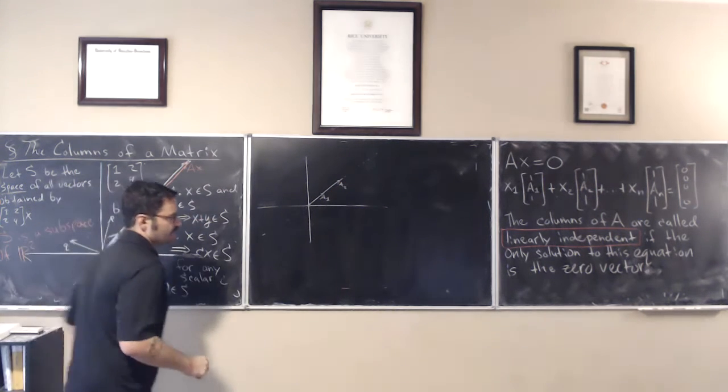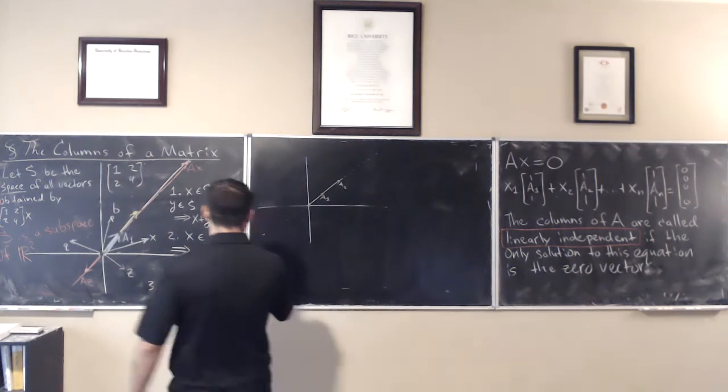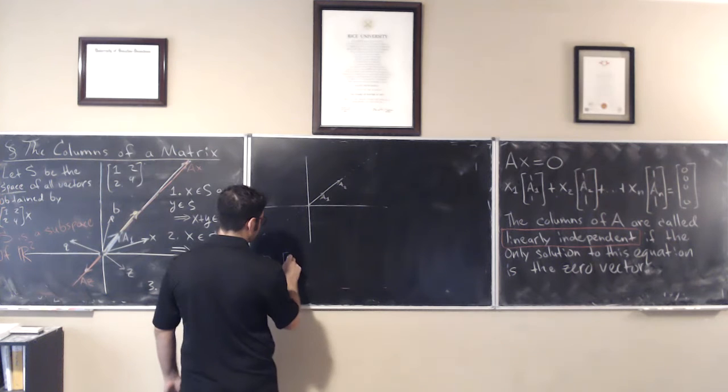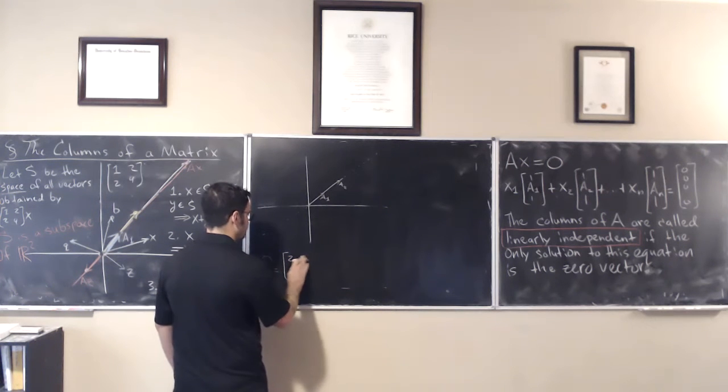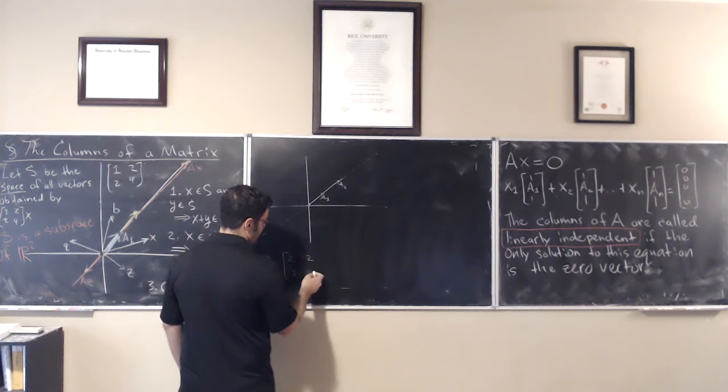Maybe I'll make a new matrix now called Q. Maybe Q is equal to 2, 3, and then 2, 1. It doesn't matter, whatever.